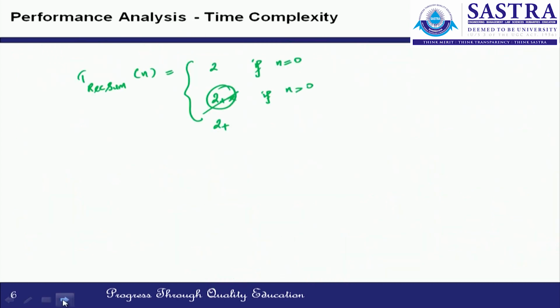So, substituting the value of x here, T recursive sum of n minus 1. So, when n is equal to 0, the total number of operations performed by the algorithm is 2. When n is greater than 0, the total number of operations performed by the algorithm is 2 plus T recursive sum of n minus 1.